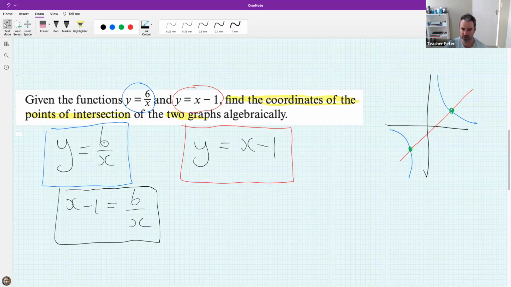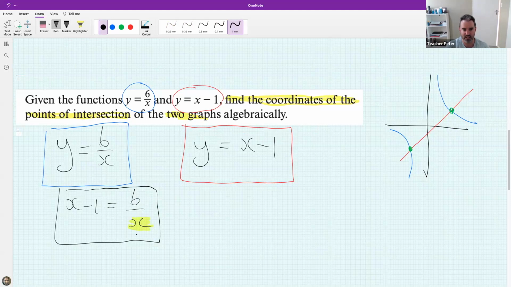Because now I have to solve the black block. Solve for x. Yep, Amy. Now, the thing that is causing me a bit of stress is this x at the bottom. And so we have to multiply both sides by x.